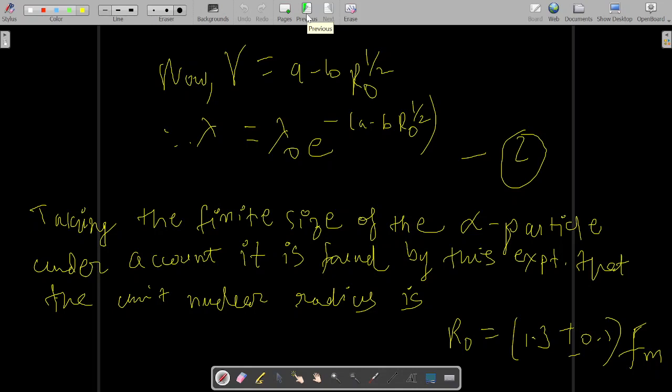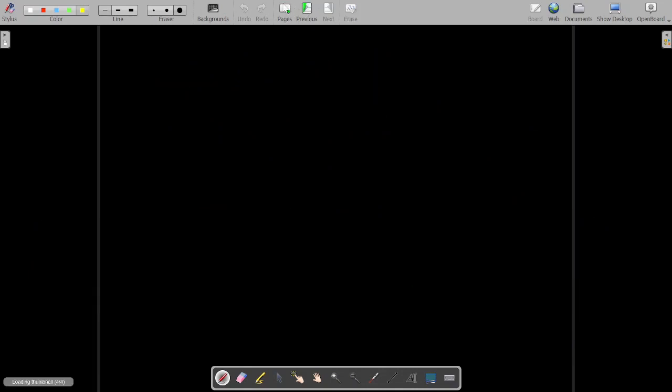Now based on the theory which we had learnt in the previous class, the alpha particle scattering theory, we will solve one numerical based on that theory which we had learnt in the previous lecture.